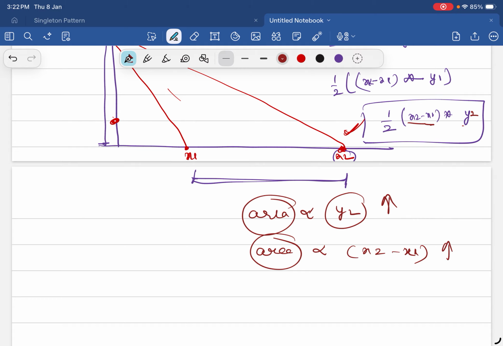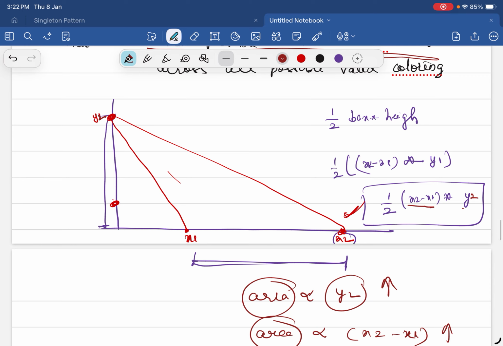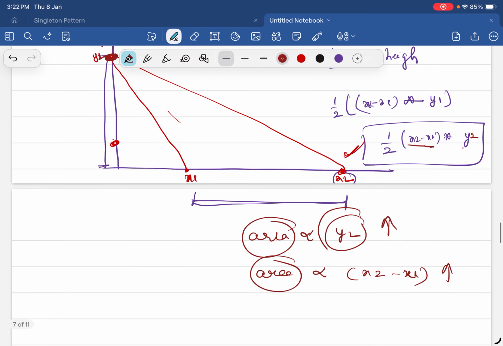Now if I want to increase my y2, then I need to choose a point on the y-axis which is the farthest point, or which is the maximum point. It means if I'm choosing the maximum point, then above this point there will be no red point. Now I'm choosing only the red points. So if I'm choosing one point which is the farthest, then above y2 there will be no red point. Yes, so this is the maximum y2.